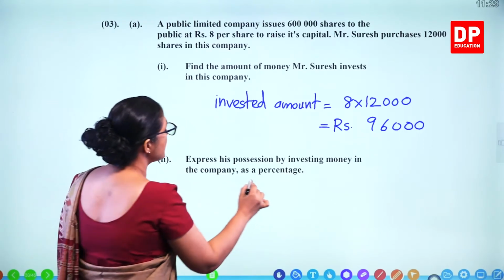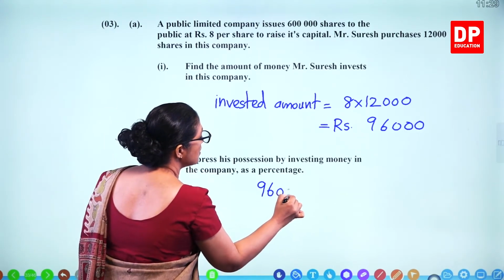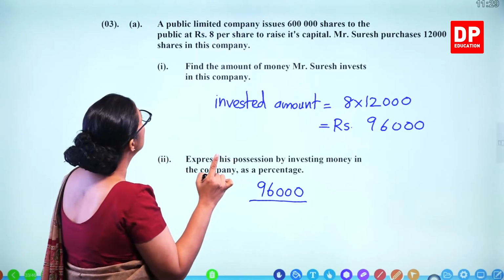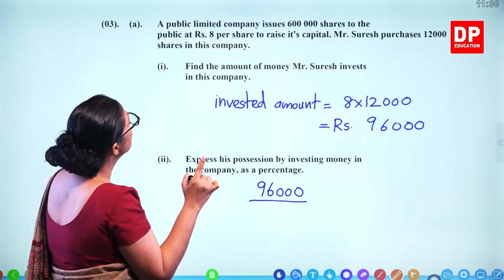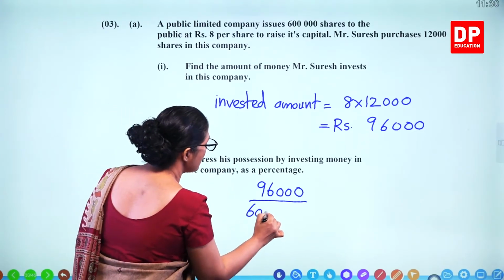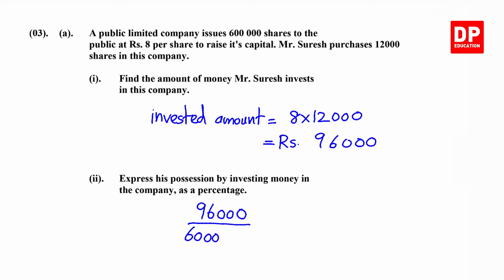So 96,000 he invested. The total number is 600,000 into 8 because each share is 8 rupees and as a percentage you multiply by 100.